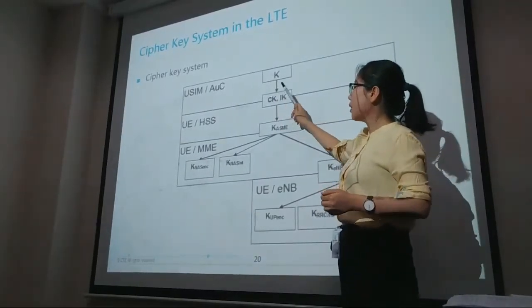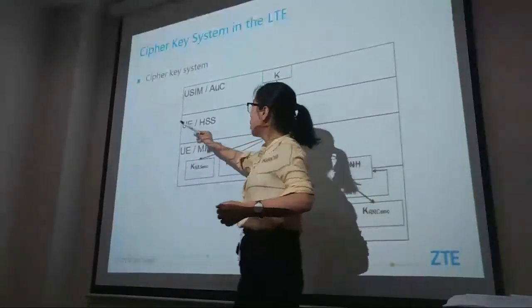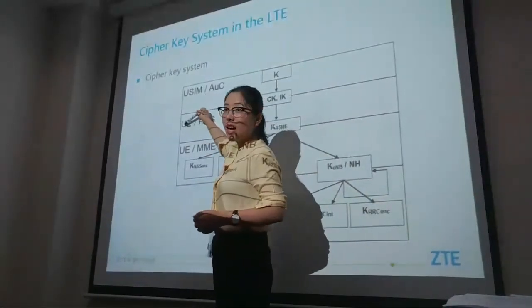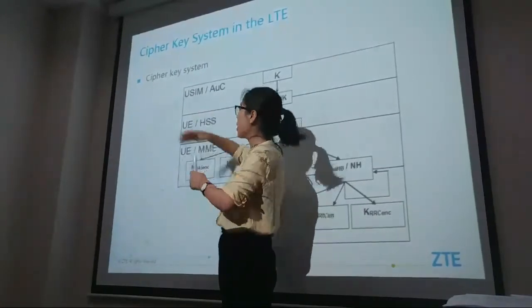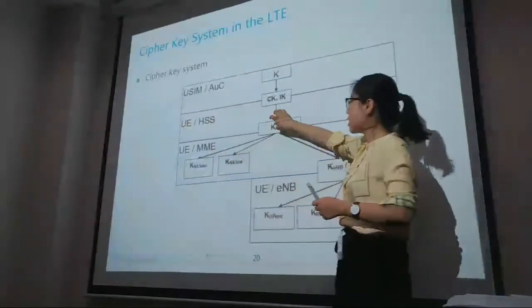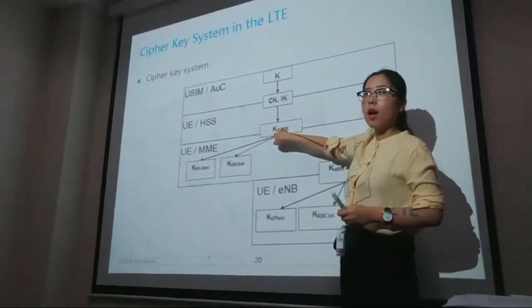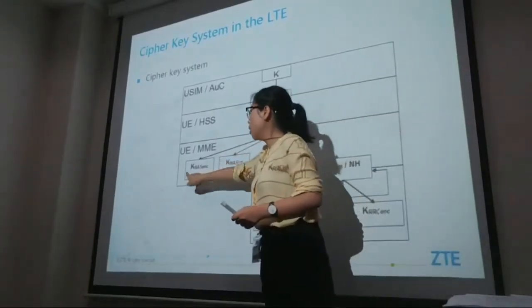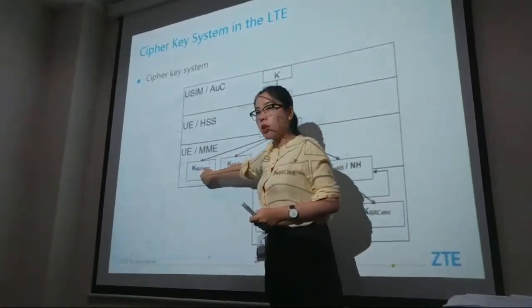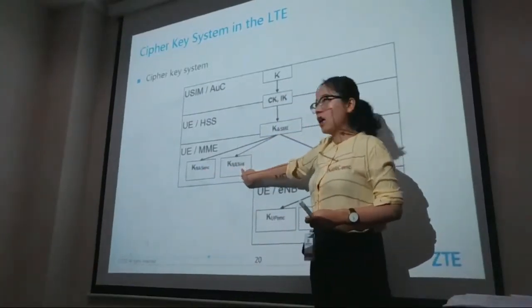The CK and IK are delivered to the UE and HSS. Your SIM card is on the UE side. The Auc is on the HSS side, inside. So we can think they are together. So they can generate a KASME, this value. From this value, it will generate the NAS security key and the NAS integrity key.